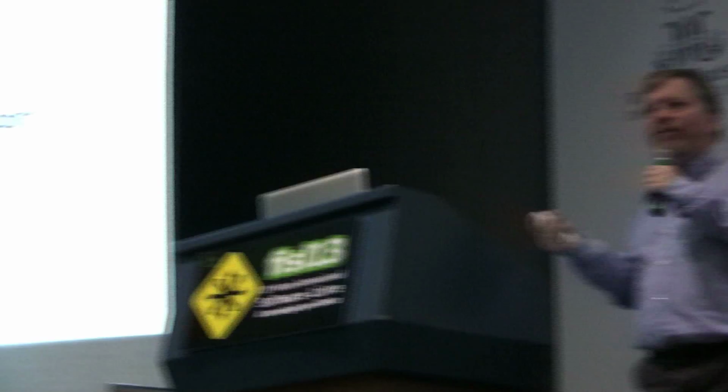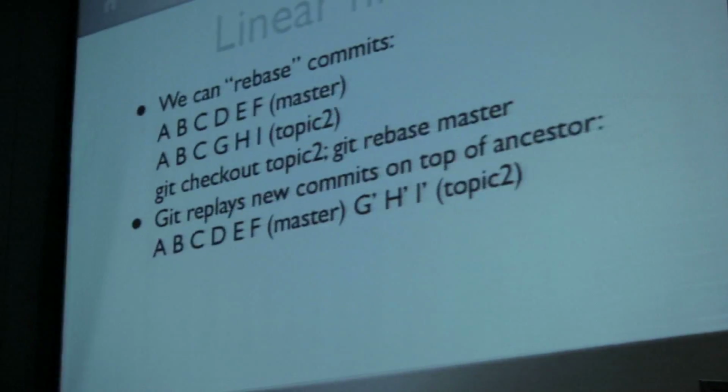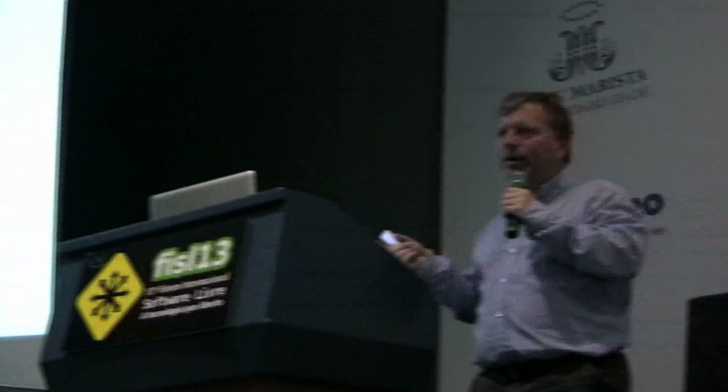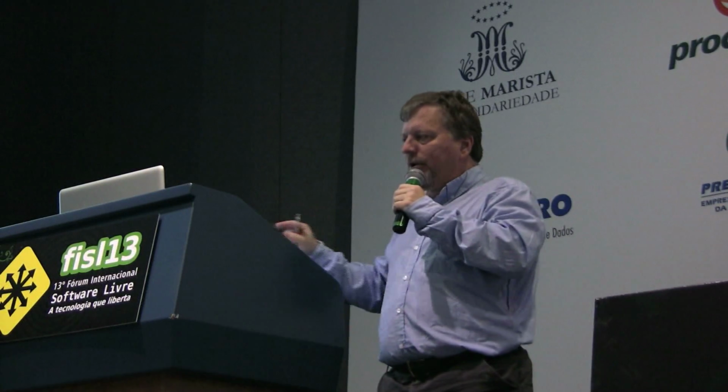And it applies that patch on top of F. So whatever change G made from C now becomes, in this diagram, G prime. It's a G sort of, but it doesn't end up with the same file tree, it ends up with the same difference from its previous commit. Similarly, H prime and I prime are computed to be able to be a linear track.